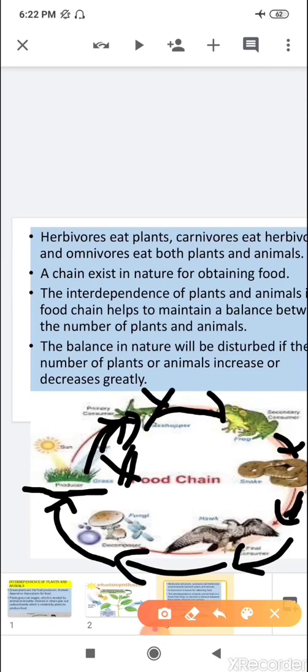If there are no herbivorous animals, then the carnivores which eat herbivorous animals will not get their food. Then this will show that the other consumers will also die. So it represents that all the animals therefore depend upon plants for food.